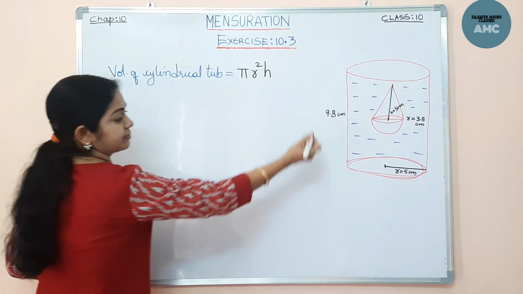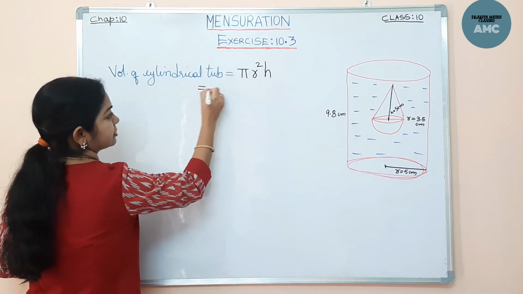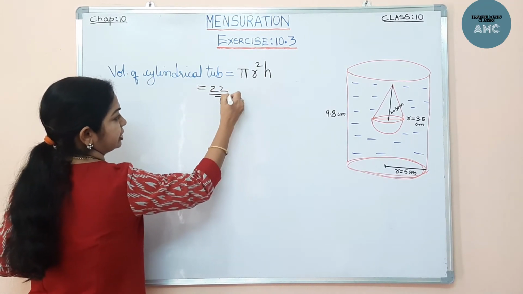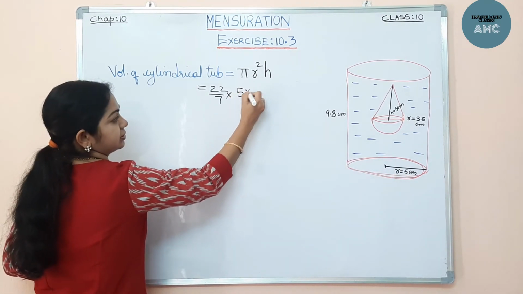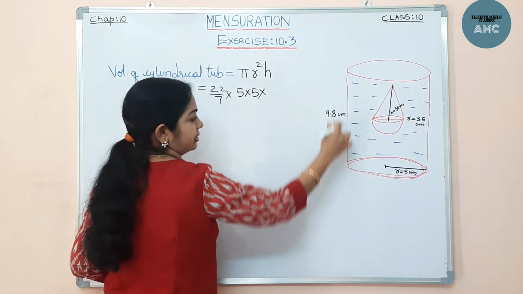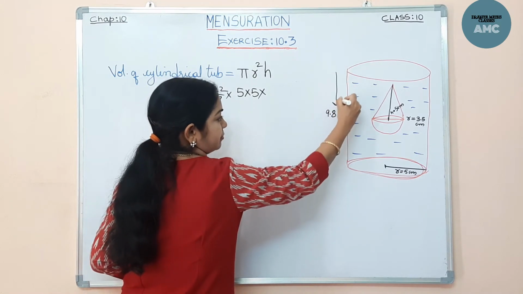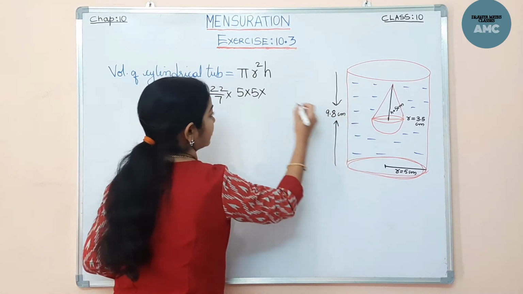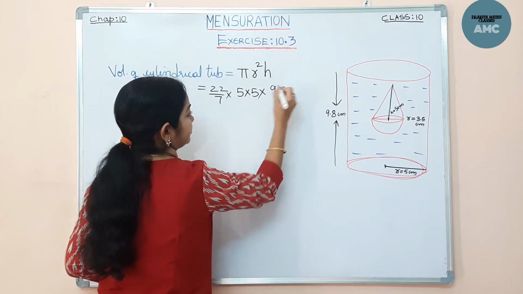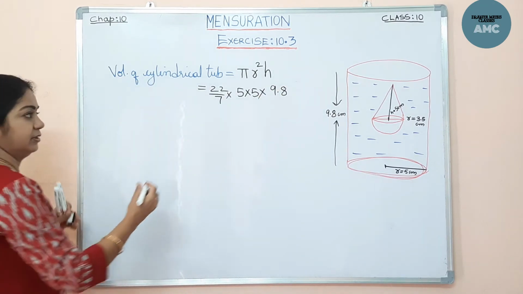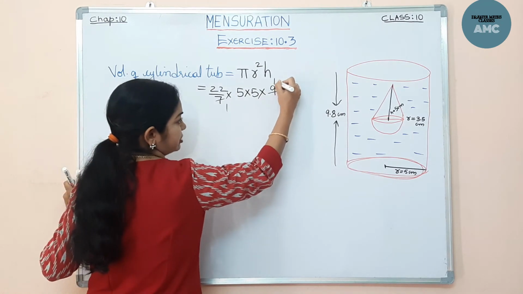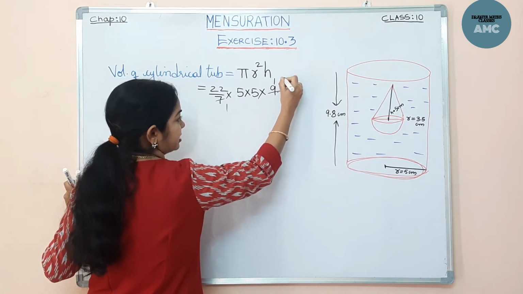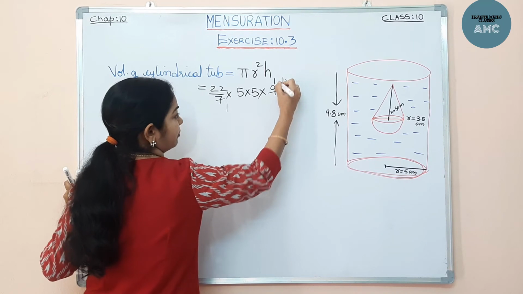Right. Now we will substitute the values here. This comes to 22 by 7 into the r value here, 5 centimeters, into the h. H is nothing but the height here, 9.8. Right. Now if you cancel with 7, 7 ones are 7, 2 is left over, so 28, 7 4s are 28, so 1.4.